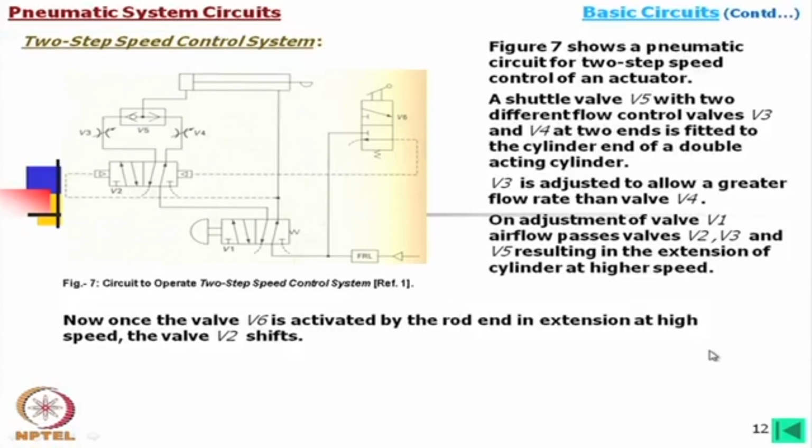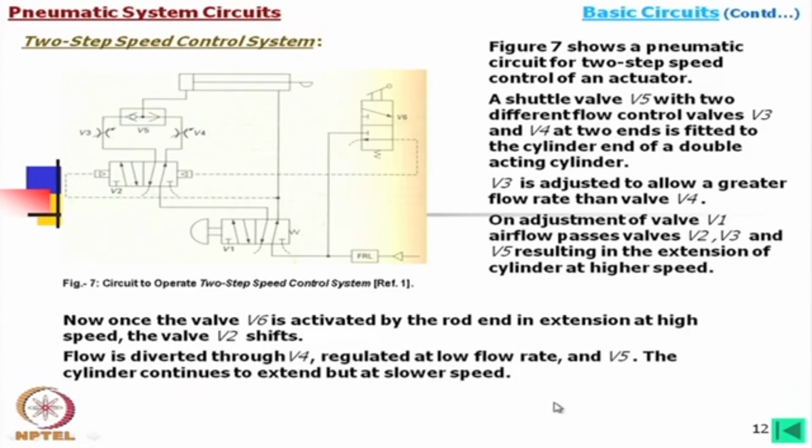Now, once the valve V6 is activated by the rod end in extension at high speed, the valve V2 shifts, because a signal is coming from here, the pilot, and then flow is diverted through V4, regulated at low flow rate, and then V5, and the cylinder continues to extend, but at slower speed.